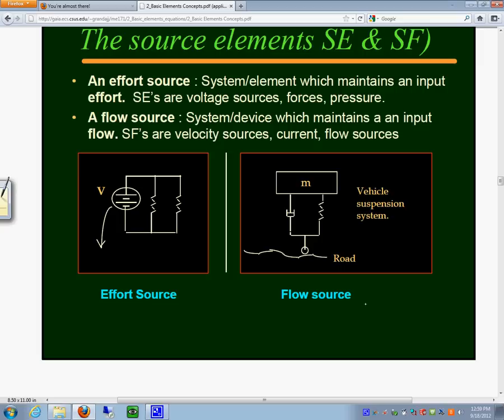So if you have a suspension system composed like this, isn't it true that the input here is a change in the position as a function of time?